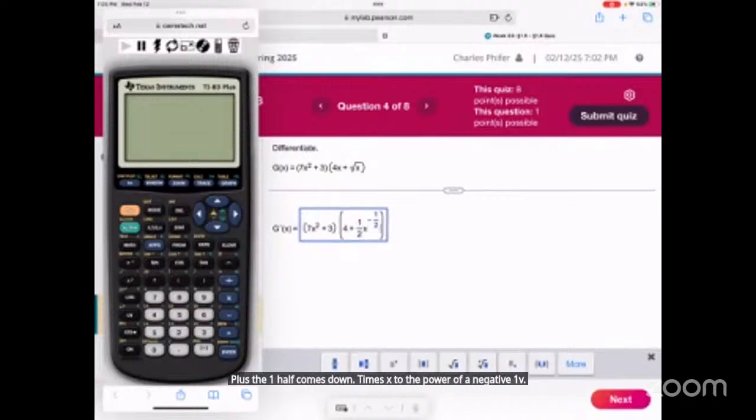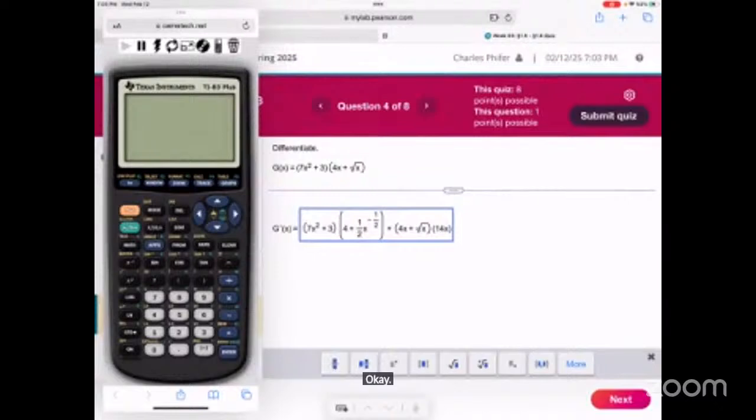Okay. So that's the first times the second plus the second, 4x plus the square root, second times the derivative of the first, 14x. Okay.